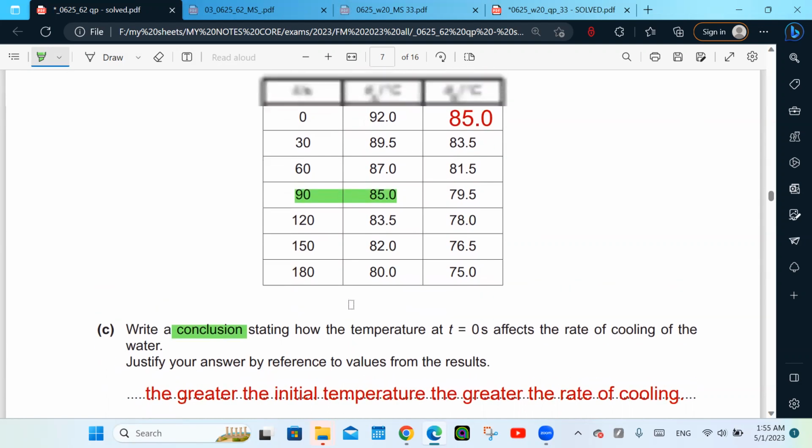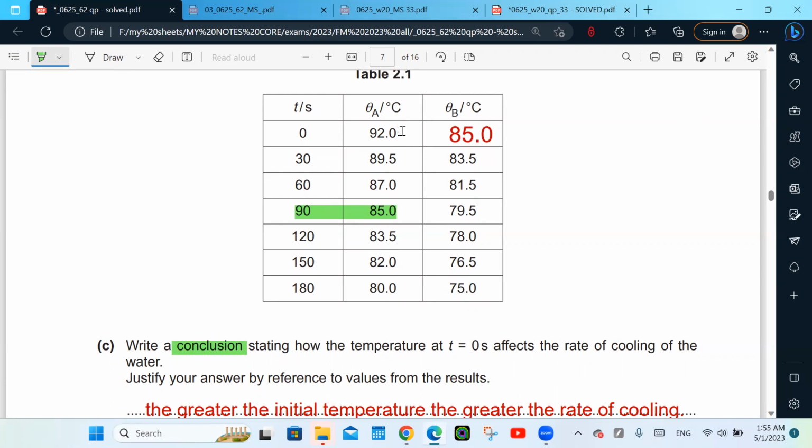I conclude in this experiment that, as the initial temperature was greater, the difference between 92 and the room temperature will be greater, okay? Because this is hotter. Which is hotter, 92 or 85? For example, predict something.